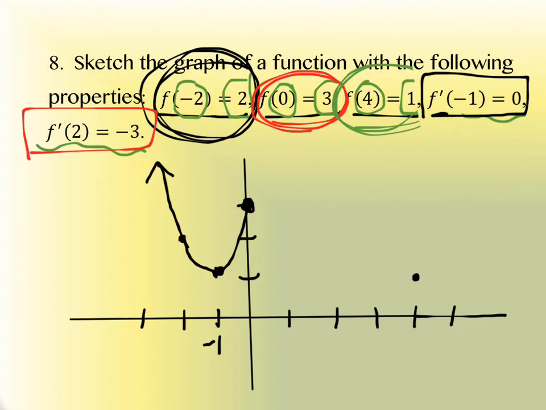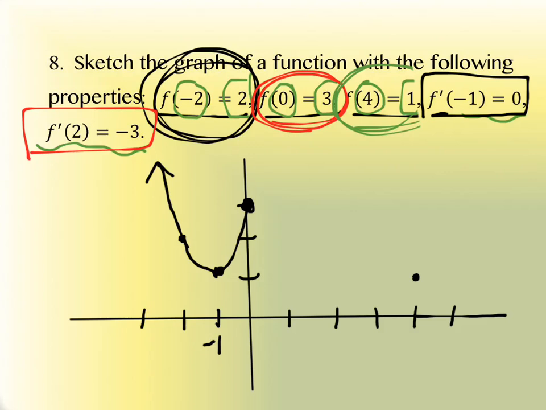It means it has to go down, right? Wherever I am at 2, let's say it's here, it better be going like this. I have to have a slope that's going down, or a decreasing graph. So somewhere between this point and the point over here at (4, 1), at 2, I need to be decreasing.